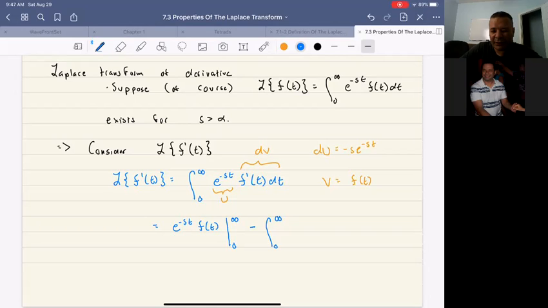So v du is, well, that's going to change to plus s e to the negative st f of t dt.